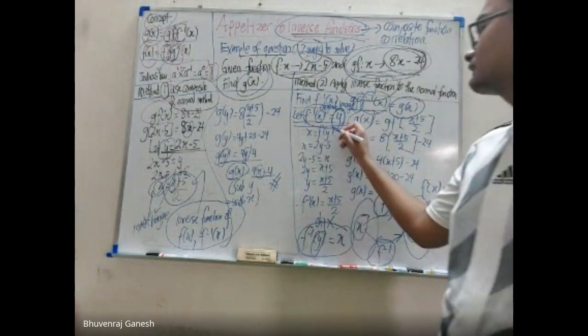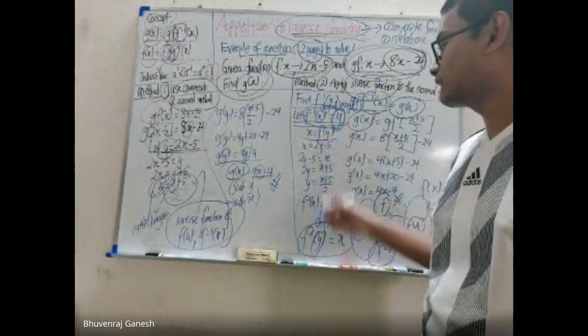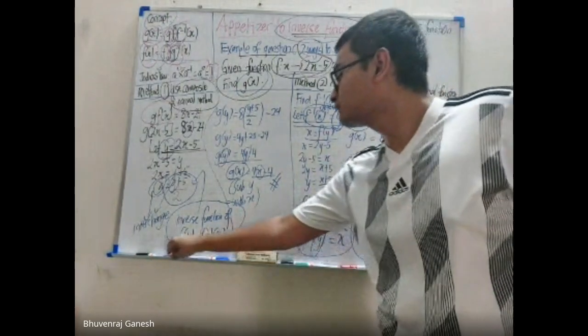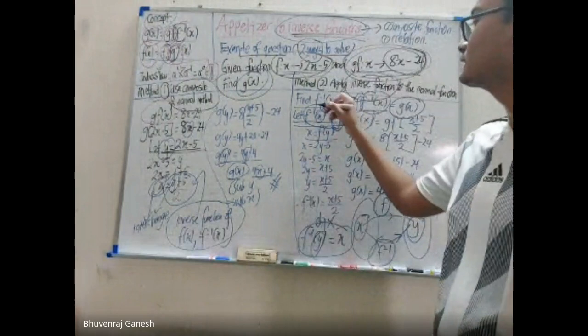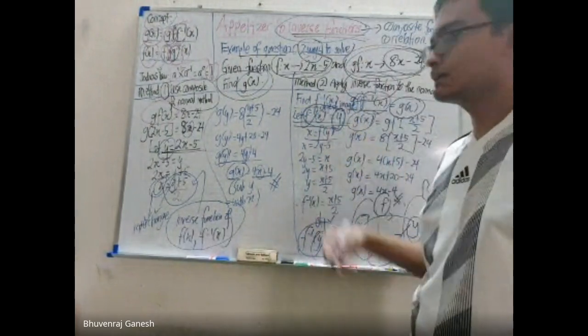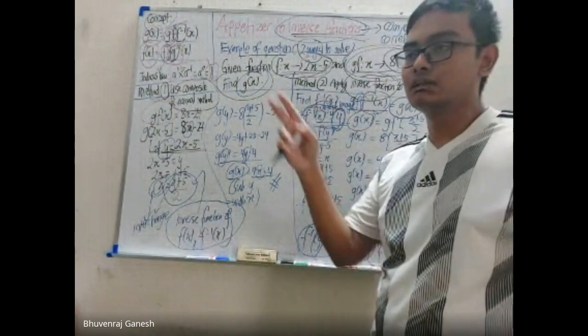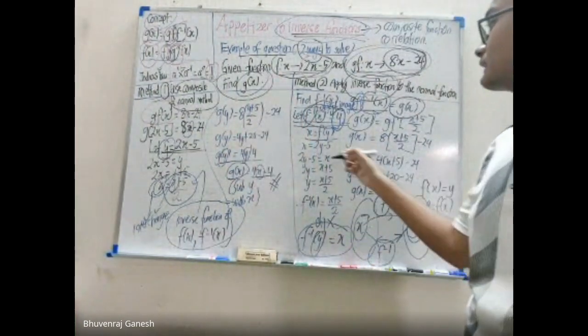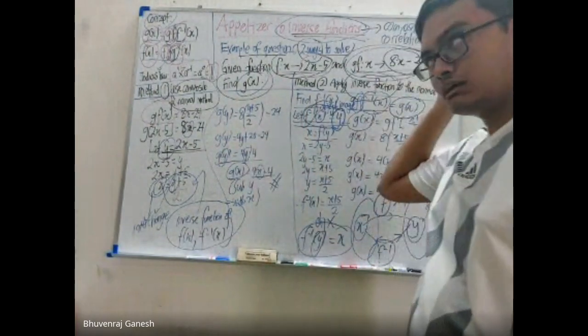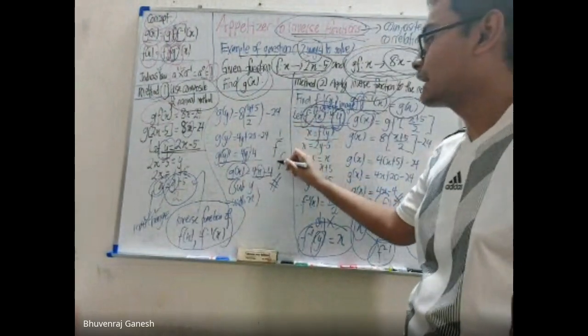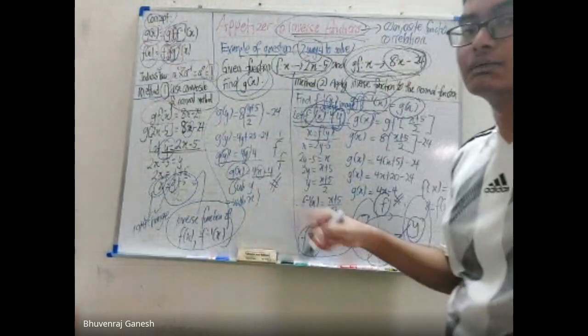So after this next step, I put x equals f(y). Why I do that is because I want to get rid of this f inverse. So what I do is I shift this to the other side of the equation. When you shift something which is inverse, it means something like 1 over f. You shift it to the other side, you're going to get f, because you divide 1 over f, means times f.